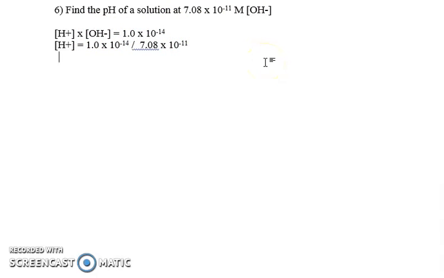Which means that your answer, boys and girls, for the hydrogen concentration should be 1.41 times 10 to the negative 4.